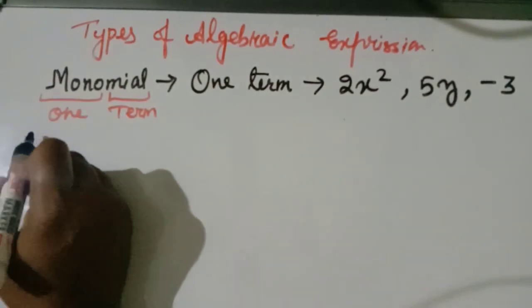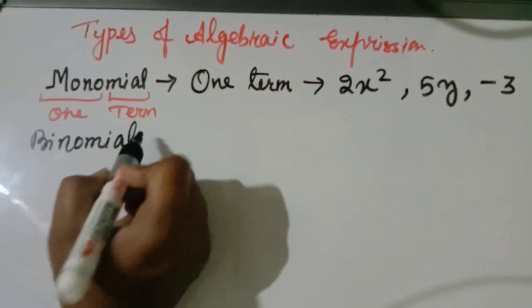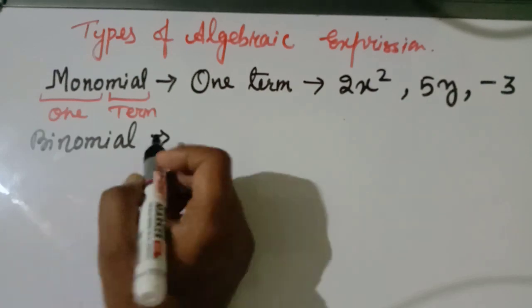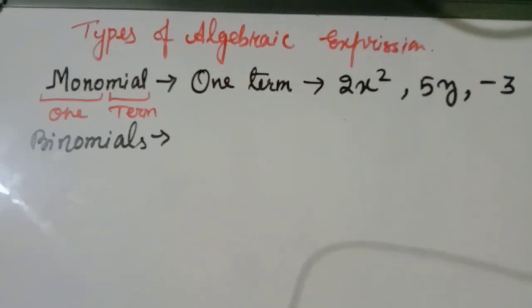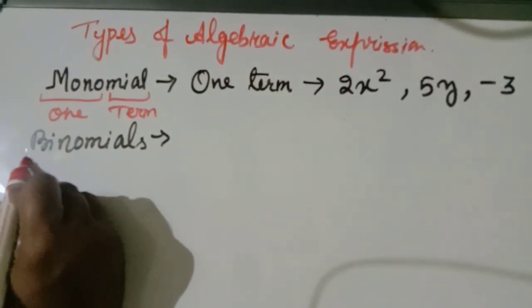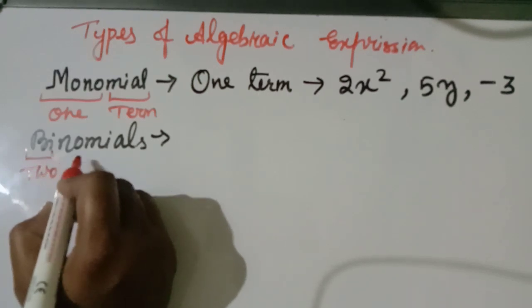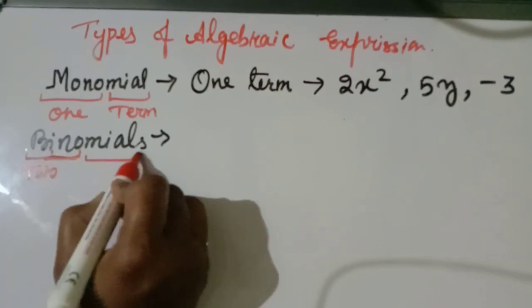Okay. Now, next is binomial. So, what is binomial? The spelling is binomial. Bi means two. Always remember, bi means two, and mial means terms.